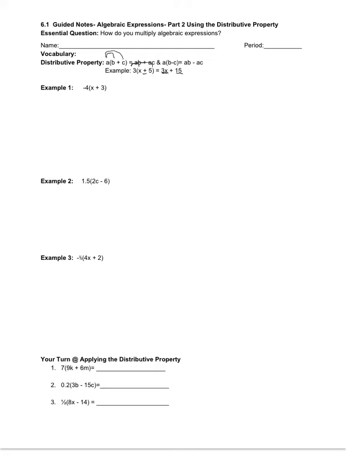So I am taking -4 times each part within my parentheses, so -4 times x and -4 times 3. So -4 times x is -4x, because I do not have a value for x, and this shows me -4 times x.